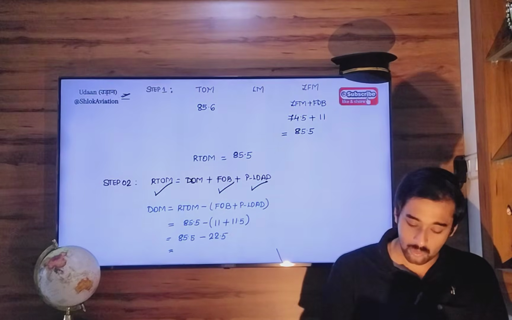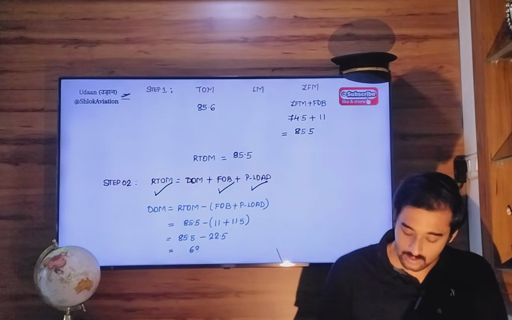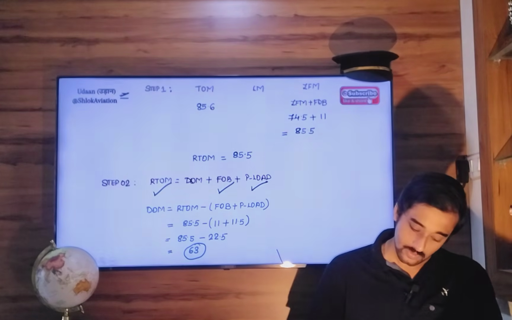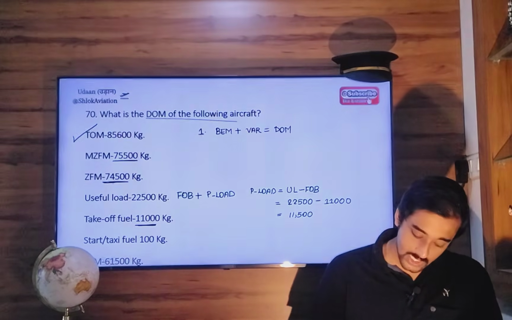So 85.5 minus 22.5 is 63. So that means DOM is 63,000 kg. Now this is the second way.